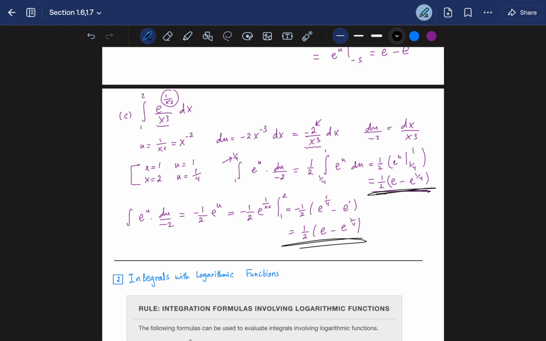Sometimes it's easier to find the new bounds and just substitute these back in without putting in the original value of x. And other times it's easier to just leave these bounds as they are, evaluate the indefinite integral, plug the value of x back in, and just use the original bounds that you got.